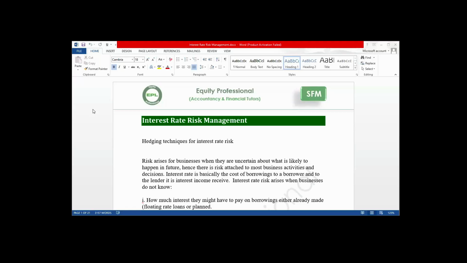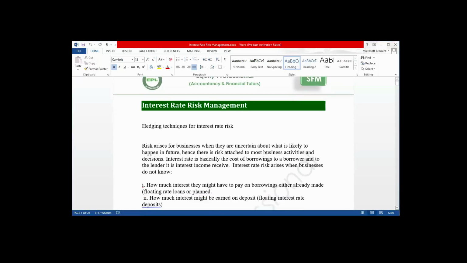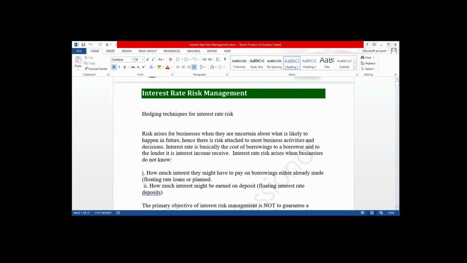Interest rate risk arises when businesses do not know how much interest they might have to pay on borrowing, where the borrowing is made at a floating rate loan.